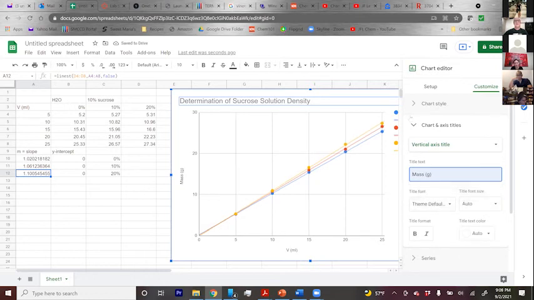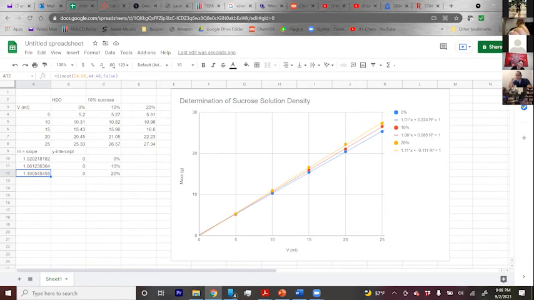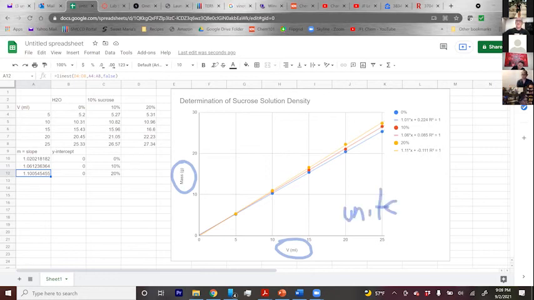Mass in grams. So there's a couple of things you always have to have on a graph. You have to have axes titles. You have to tell me what it is you're plotting, and they have to have units, because I need to know what units the slope is in.